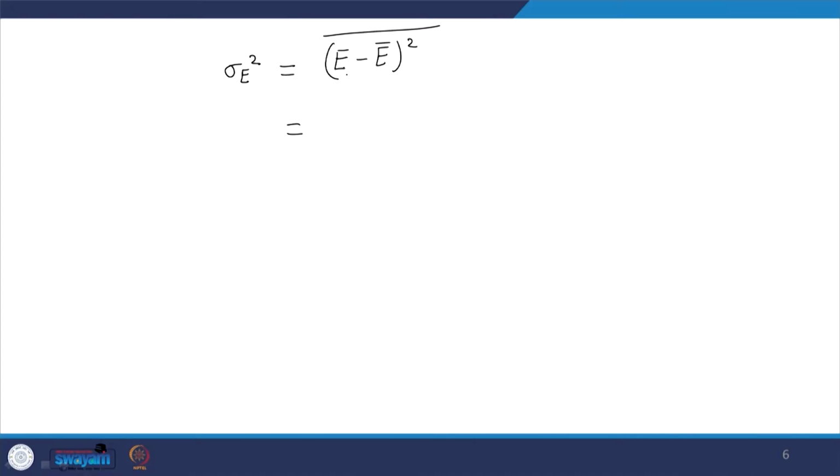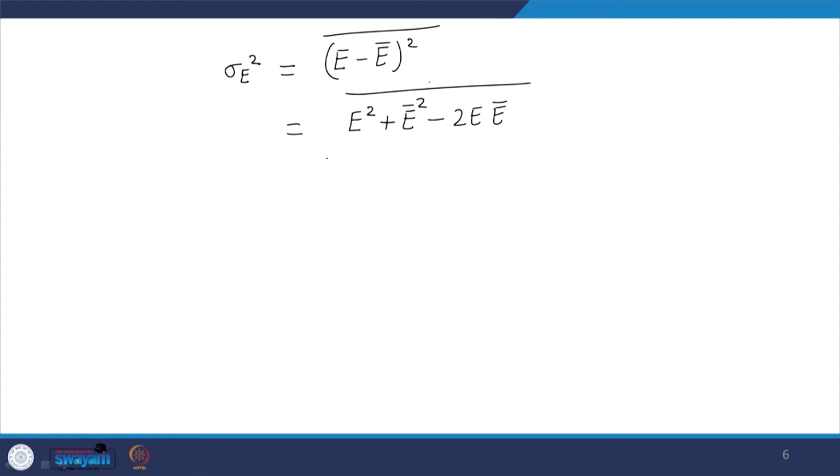I can write this by expanding the square term. You have E squared plus E bar squared minus 2 E E bar, averaged over the entire thing. The average over the entire thing is the sum of the averages over each of these terms.